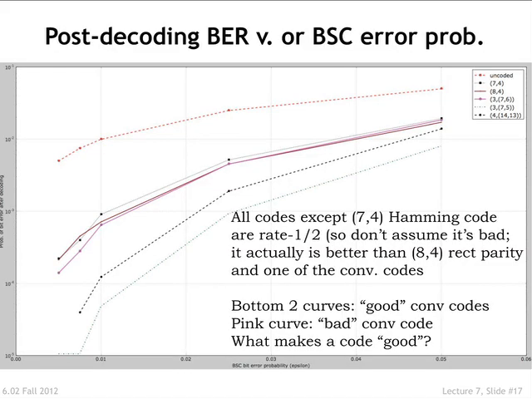Okay. So once you have the convolutional coding in hand, you know how to decode, you can start to do some comparisons of how these different codes perform. There's an extensive discussion in the chapter. Let me just give you some highlights here. So what are we plotting here?